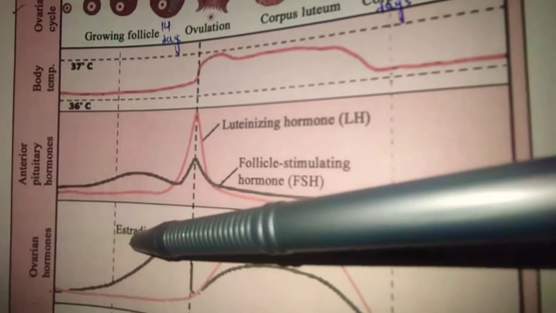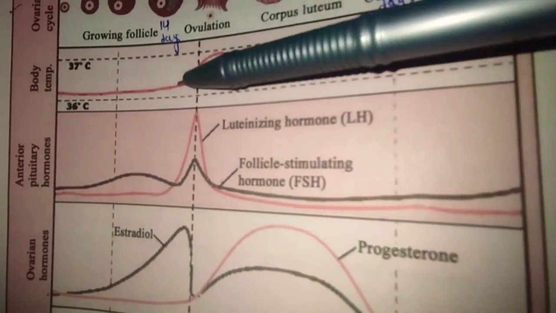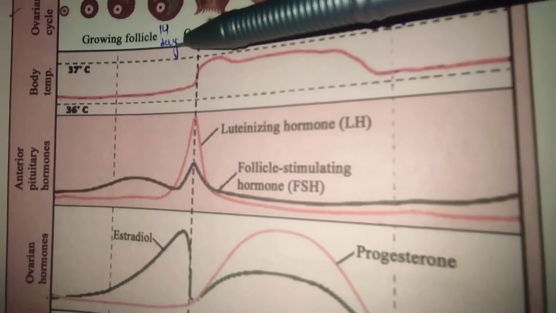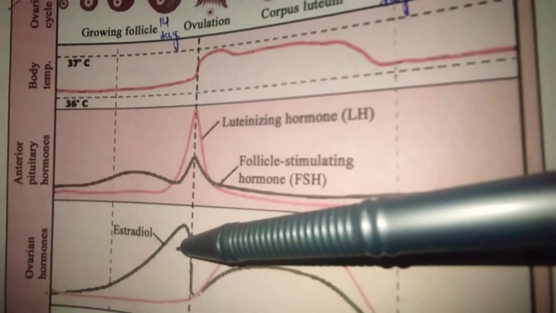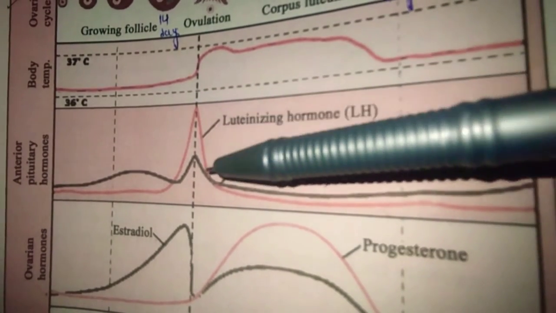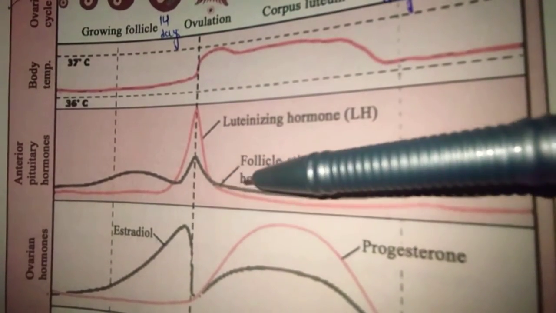by the ovaries will cause the maturation of the dominant follicles. When there is the increased production of the estrogen, then there is the negative feedback on the FSH.